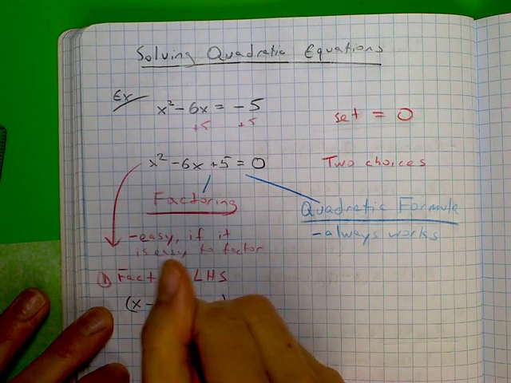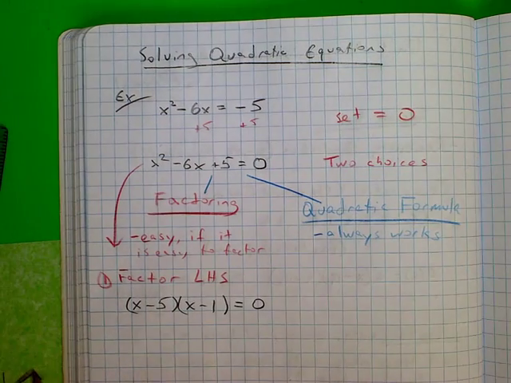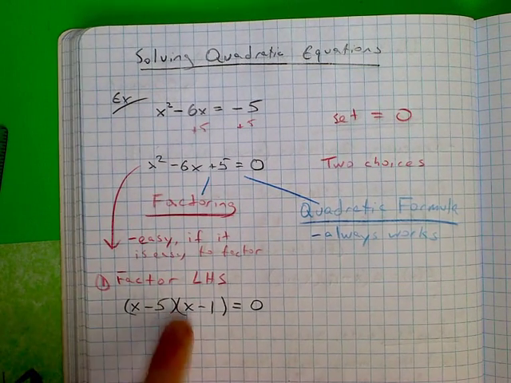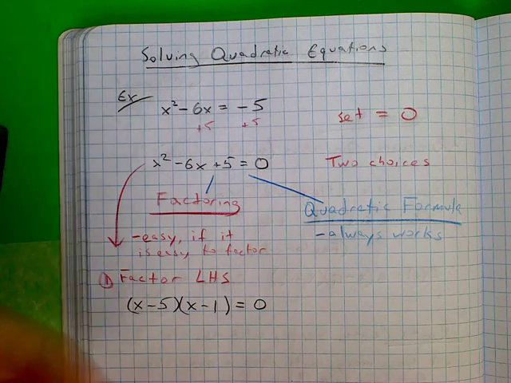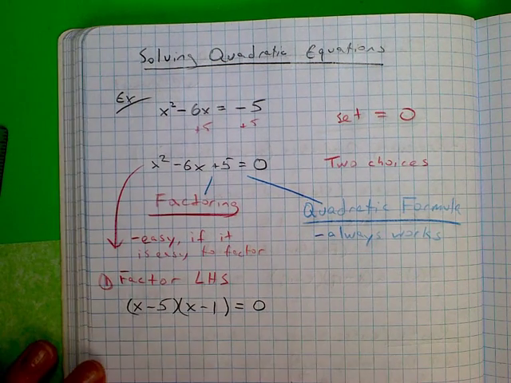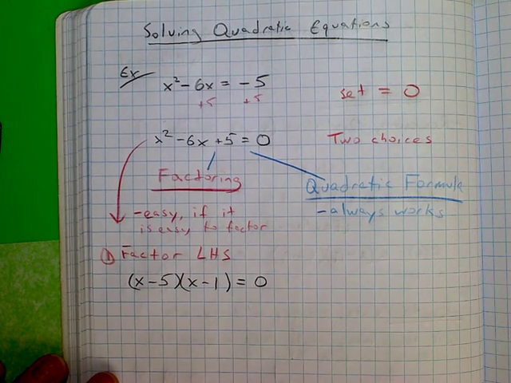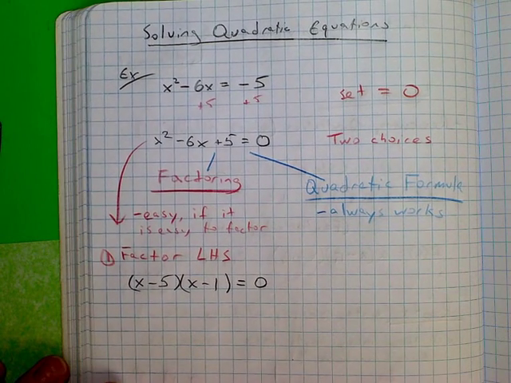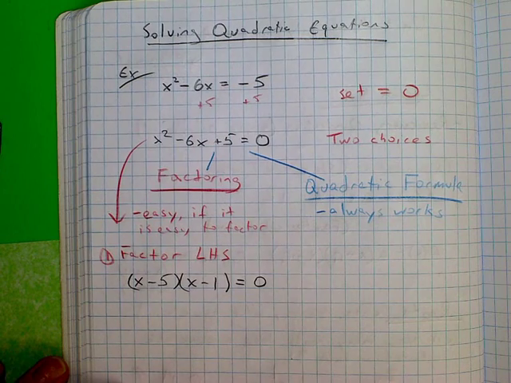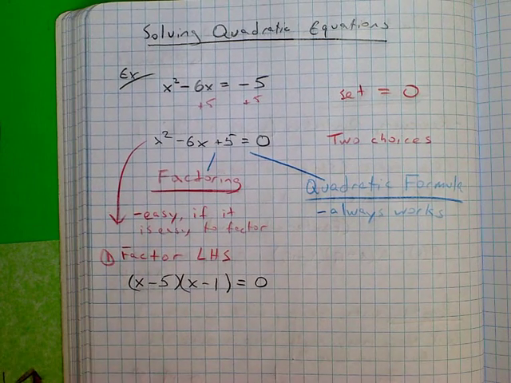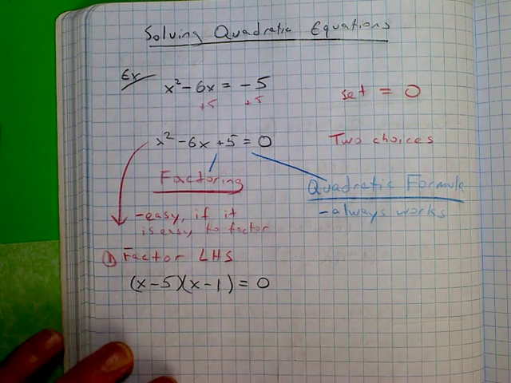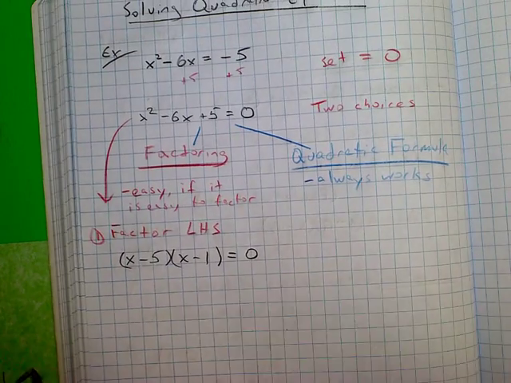X minus 5, x minus 1. So if you see that and it takes you about 5 seconds to do it, then factoring would be the right way to go. If it is easy to factor. But factoring is going to be hard if it's hard to factor. Right? Make sense? Too much sense?